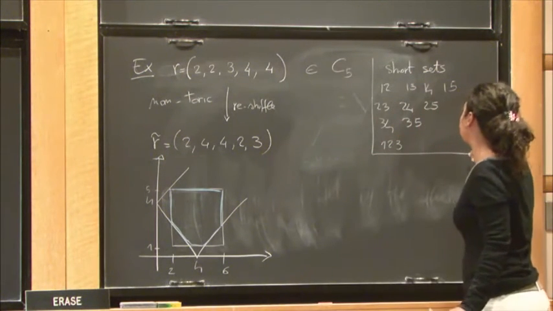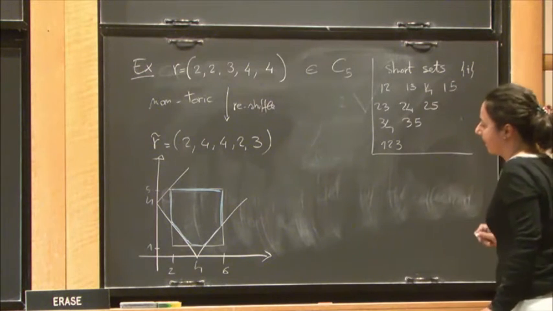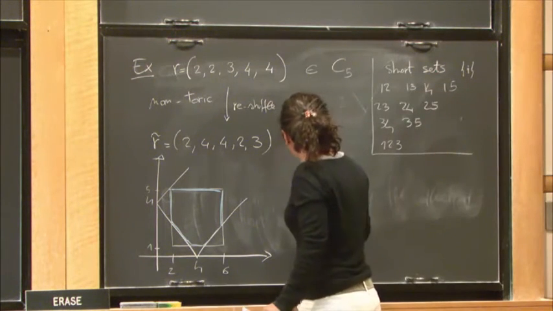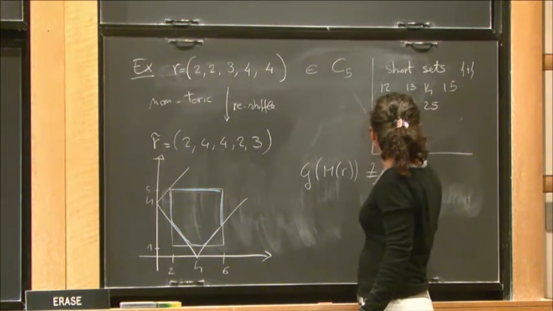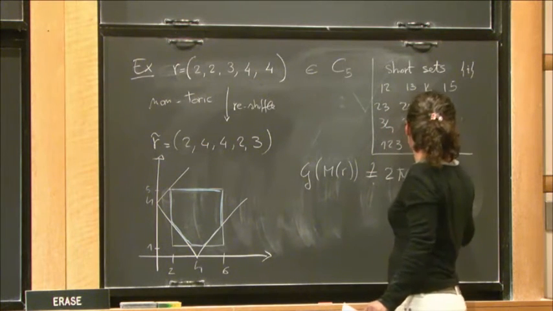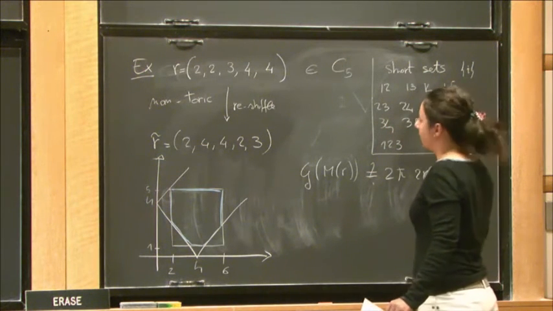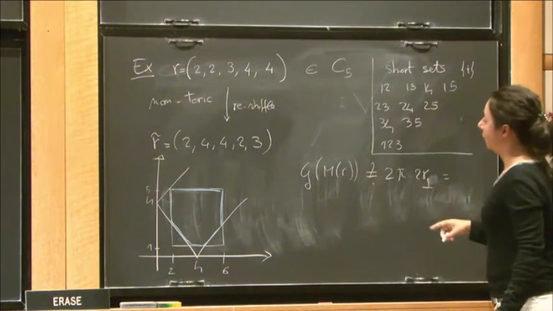So here I have none. Of course, I always have the set I, all of them. But anyway, my expectation for the Gromov width is that it will be 2 pi times 2 R1.